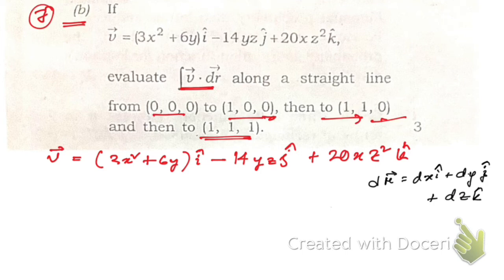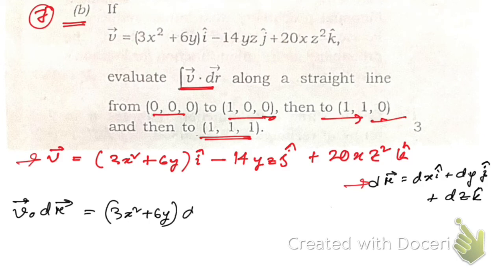If you find V dot dr, the dot product of this vector and this vector, you are going to have (3x² + 6y) dx minus 14yz dy plus 20xz² dz.